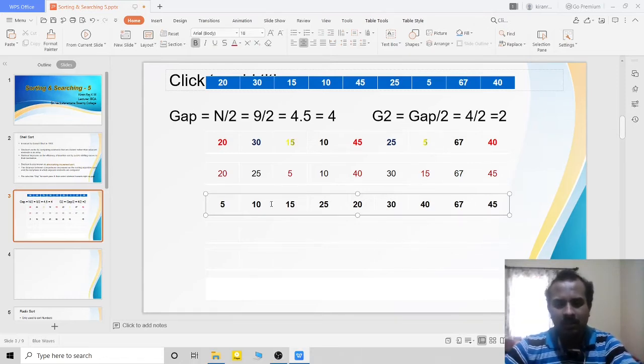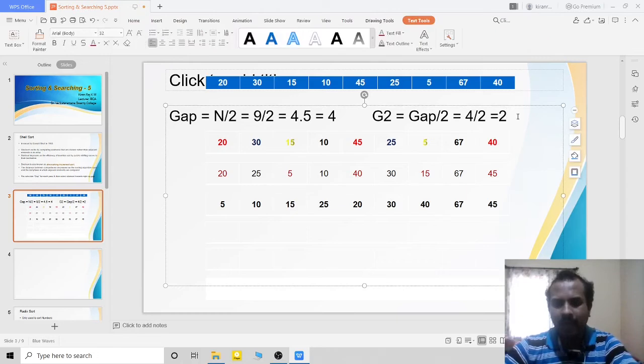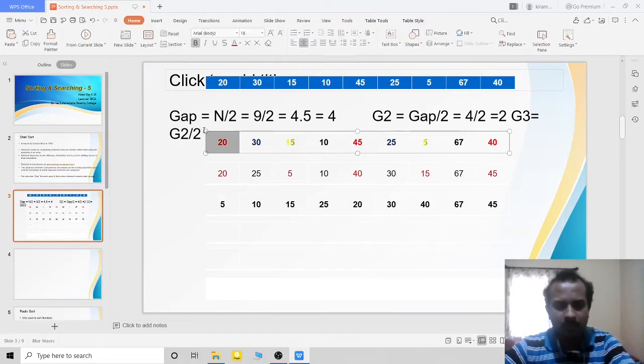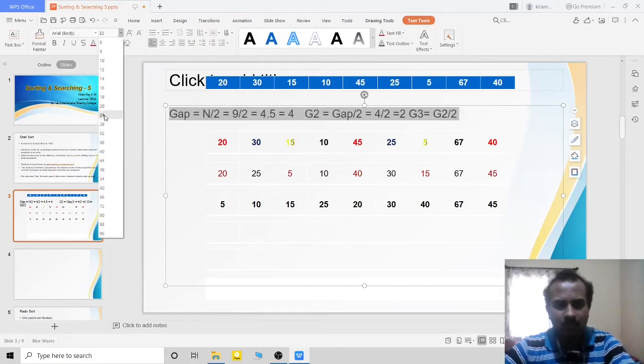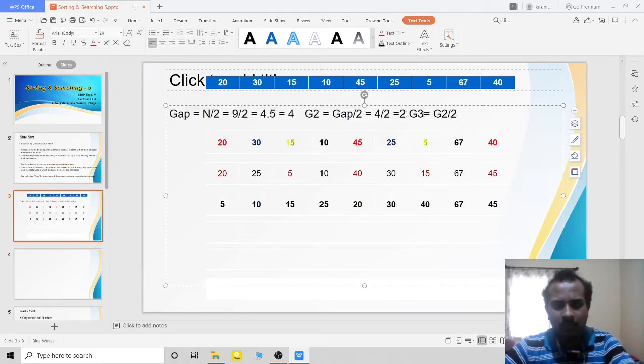Next, this phase is over. So I have to calculate the gap again. Now G3 will be G2 by 2.